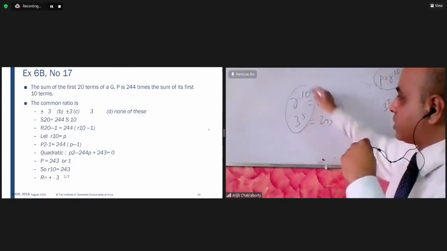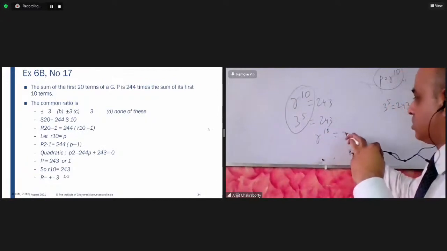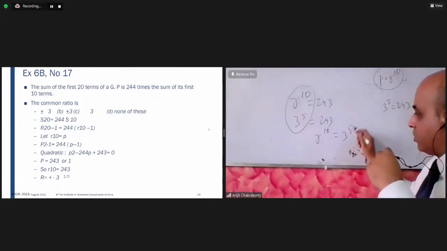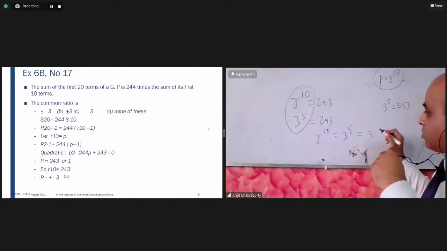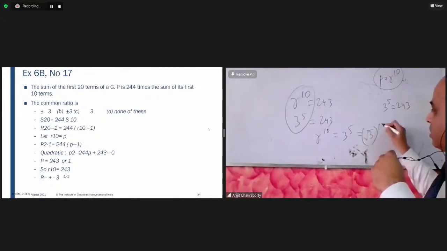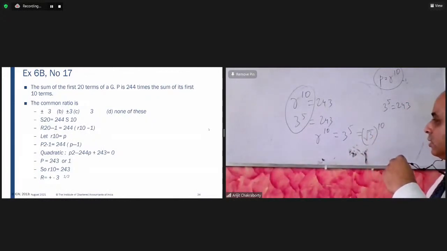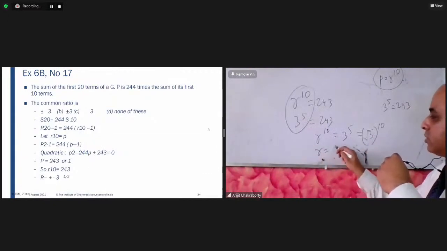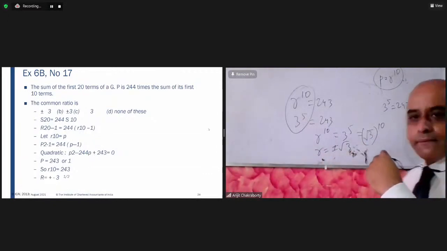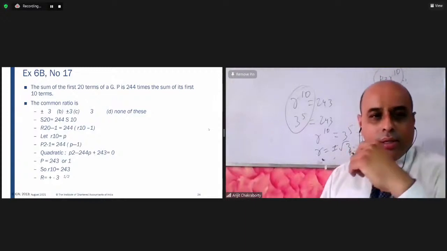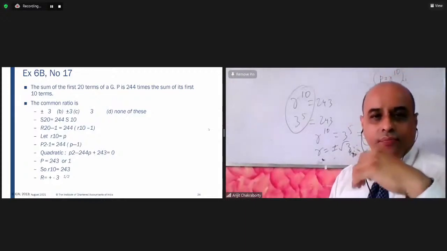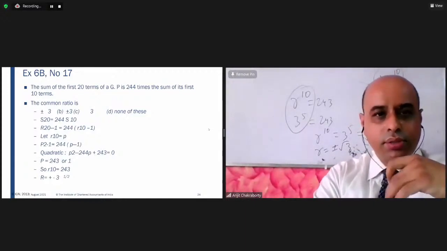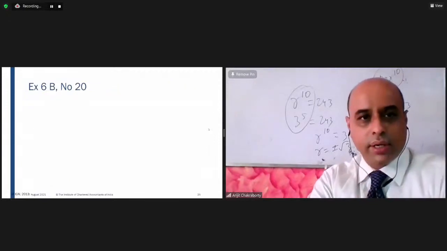So we can equate R to the power 10 equal to 3 to the power 5. 3 to the power 5 actually means square root of 3 to the power 10. Therefore R becomes plus minus square root of 3. So this is the answer. This is the common ratio. So this is an application of quadratic equation as well.